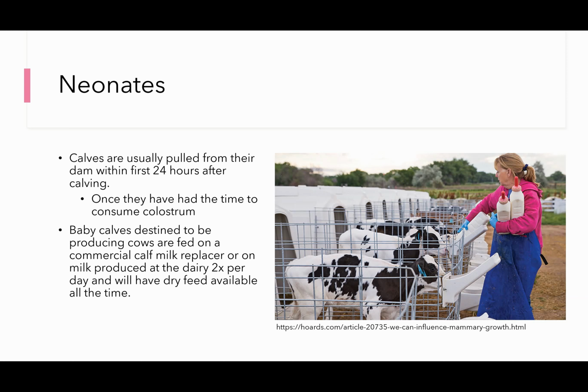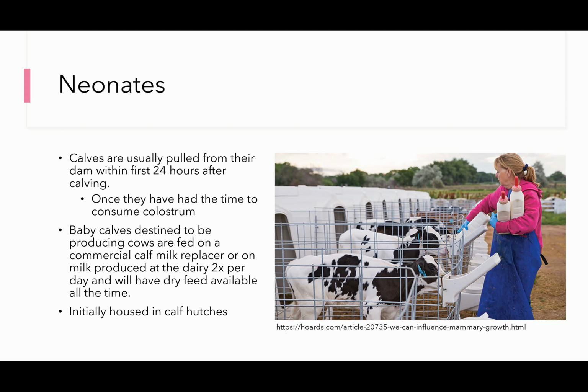But remember, we did talk about how the ruminant stomach starts out monogastric, and it's got to switch to a ruminant stomach as the calf ages. And so that is there to help with the transition. If there's a little bit of feed present, once the calf feels like it's ready, it can start nibbling on the feed to help with the development of its digestive system.